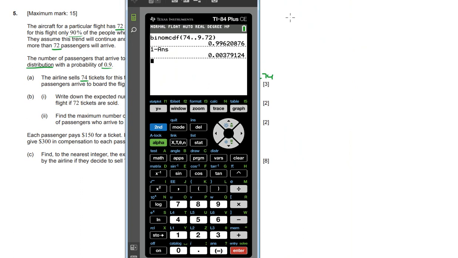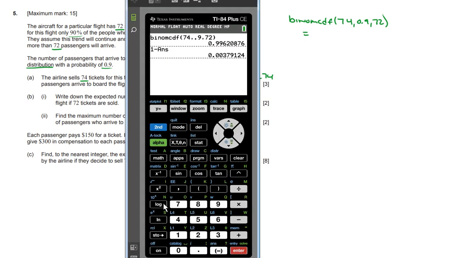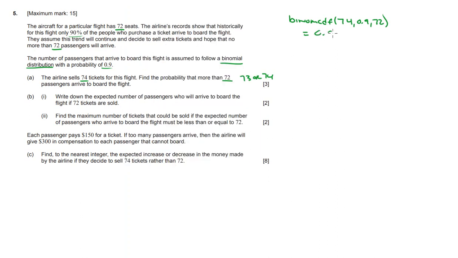So I'm going to actually write this out. I'm going to do binom CDF. I'm going to put 74, 0.9, 72, right? And that ended up giving us 0.99621.